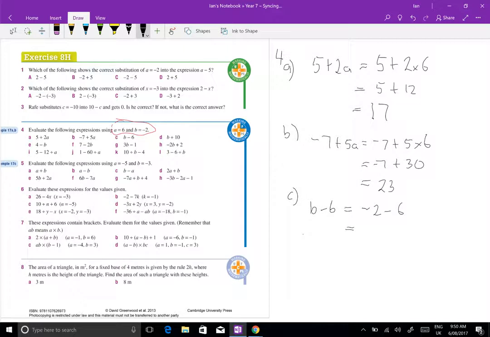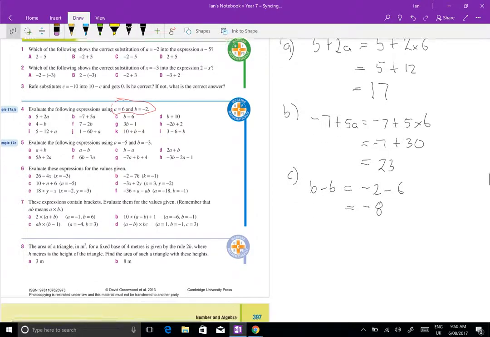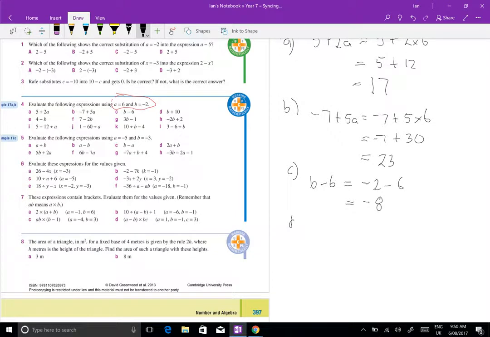Think of it as -2 degrees, and I minus another 6, it'll be -8. And I'll do D, which is B plus 10. Well, that's -2 plus 10. It's -2, and I go up 10, so I'll be 8. Don't need to write the positive.